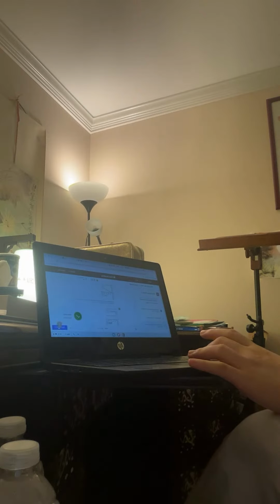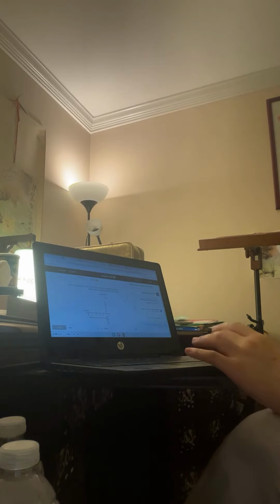Velocity is going down, so it should be here. Should always be here. A. Okay, so if acceleration's here, that means velocity should be constantly here, but it should not start at 0, so that's not right.